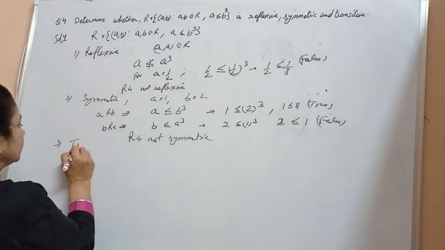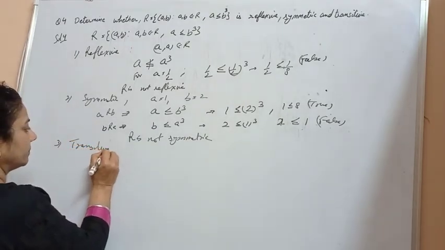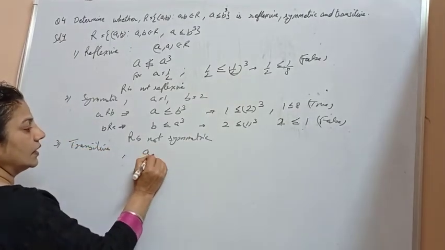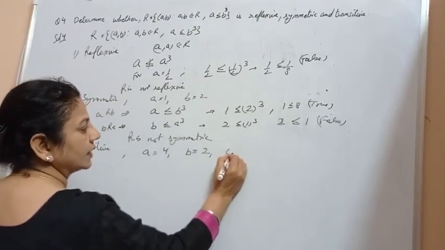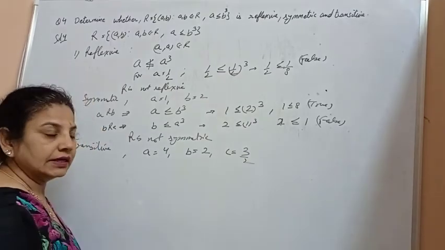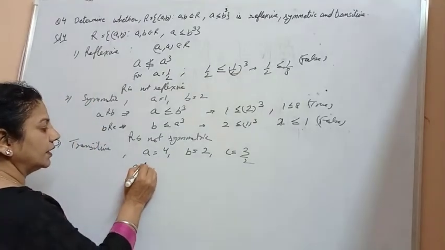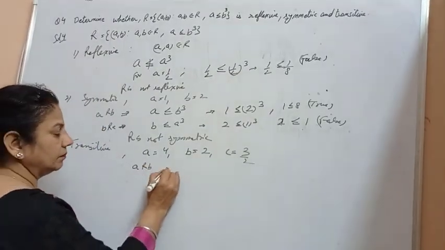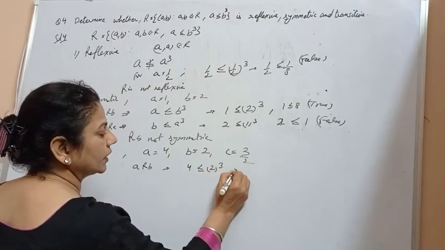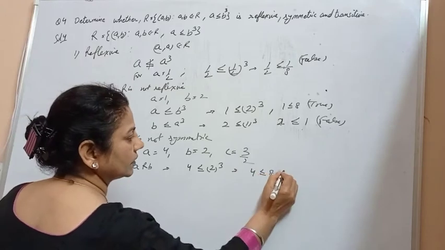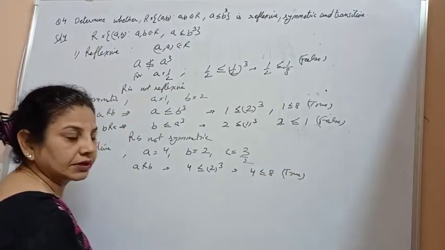For transitive, again consider A as 4, B as 2 and C as 3 by 2. Let us check. A related to B implies 4 is less than or equal to 2 cube, that means 4 is less than or equal to 8. True statement.